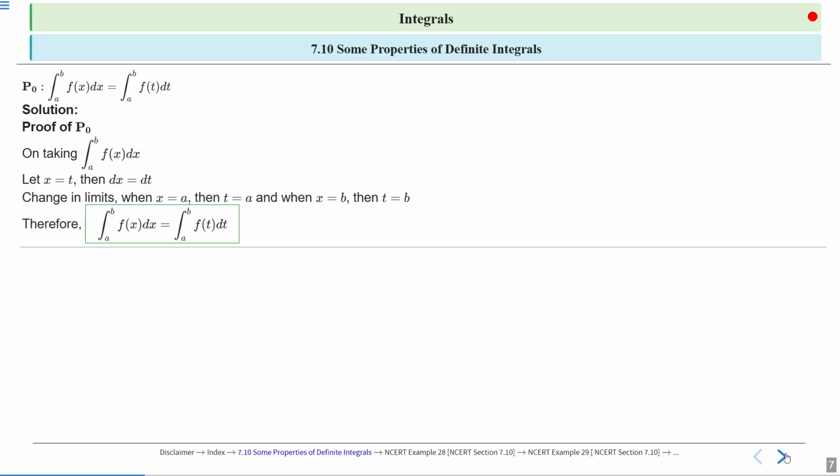Therefore, the definite integral from a to b of f(x) dx is the same as the definite integral from a to b of f(t) dt. So this property says that we can freely change the variable in a definite integral. It does not affect the solution. This is your property P0.